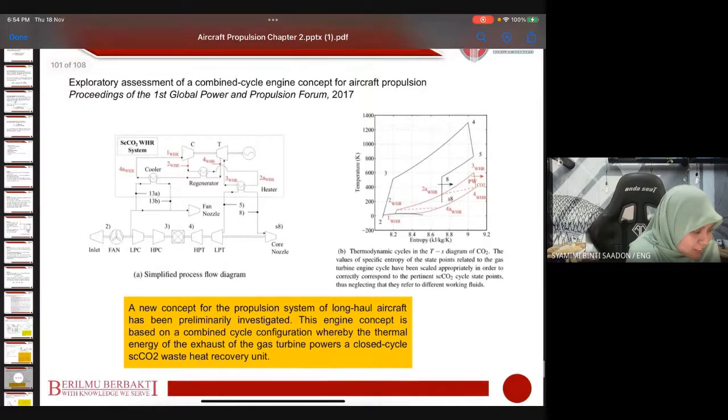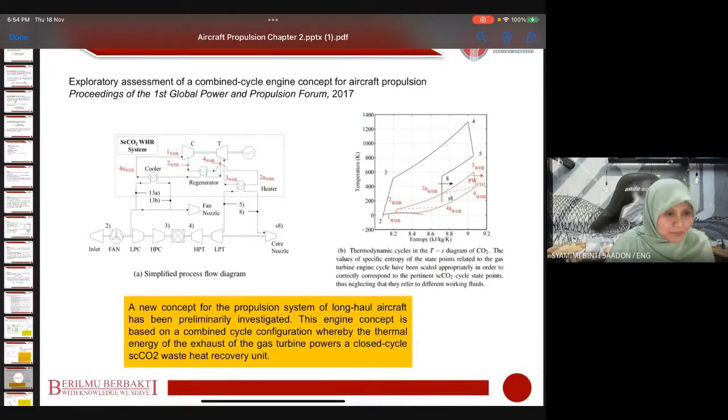Other study, this one is kind of the same as the organic Rankine cycle just now. ORC means adding another cycle, a combined cycle. So that's why it is named combined cycle. Another cycle, which is a supercritical carbon dioxide.